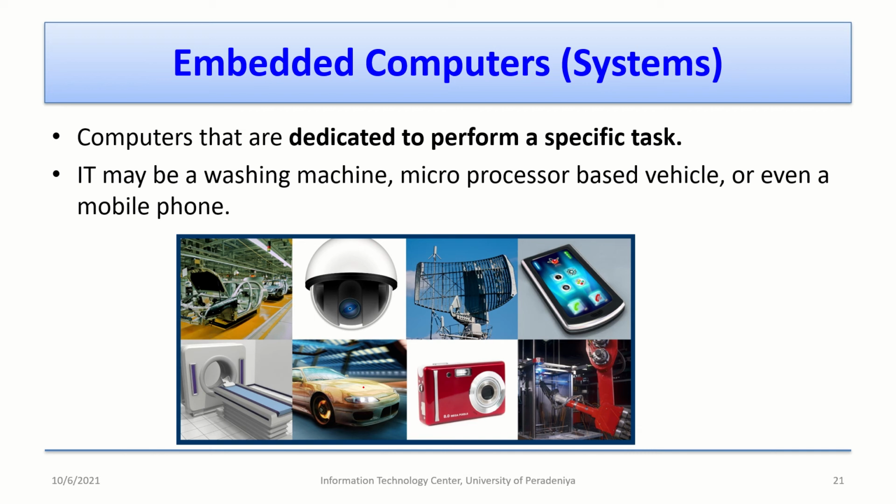In a modern washing machine there are some special units which control the power of the washing machine and the speed of the rotations, all those things controlled by a particular unit, right? So that unit is called an embedded unit or embedded computer. That is, that unit is dedicated to perform a special task, right?